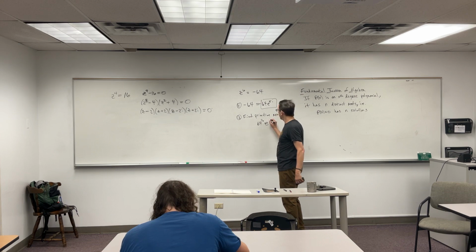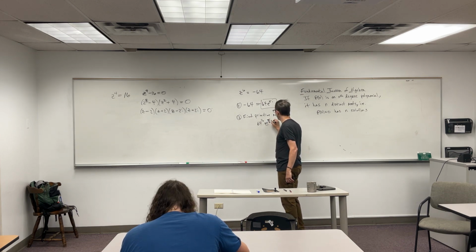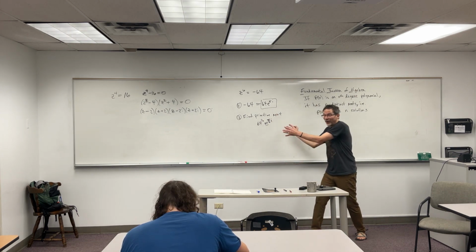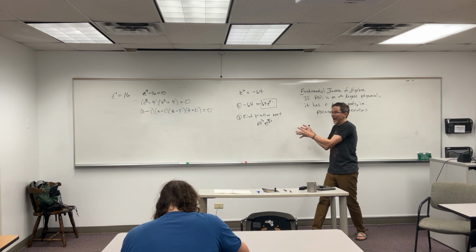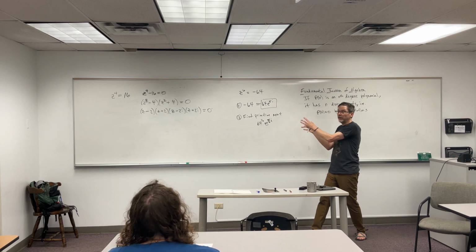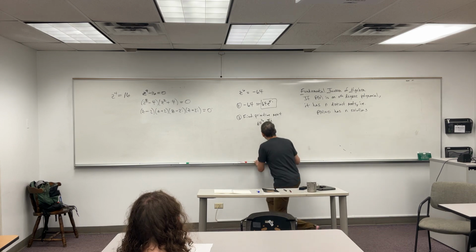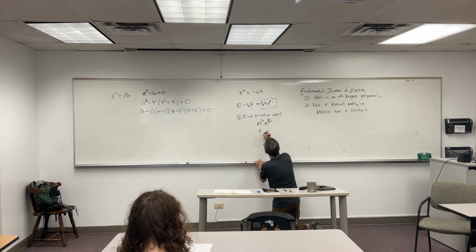Pi over 6i. You just take the angle divided by the root depth you're seeking. If I wrote that, I got partial credit. Now I have to show I know what it means. So this is 2e to the pi over 6i.